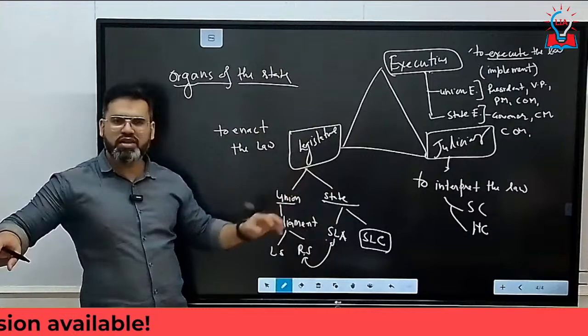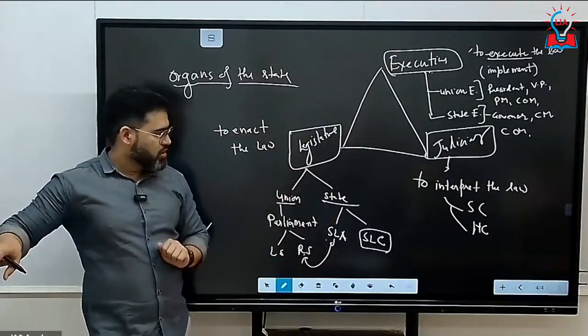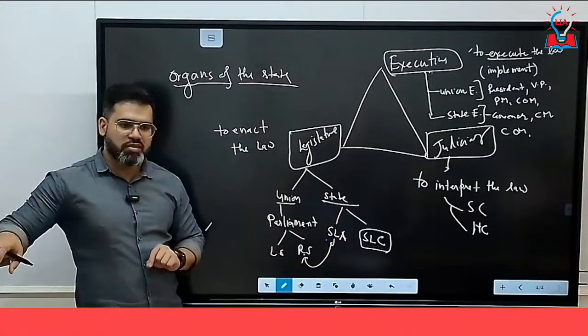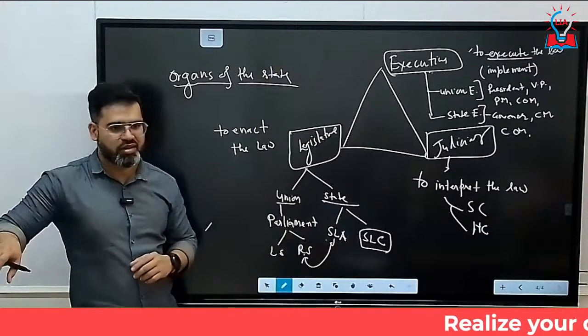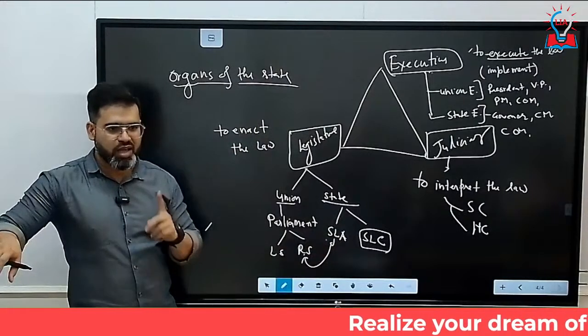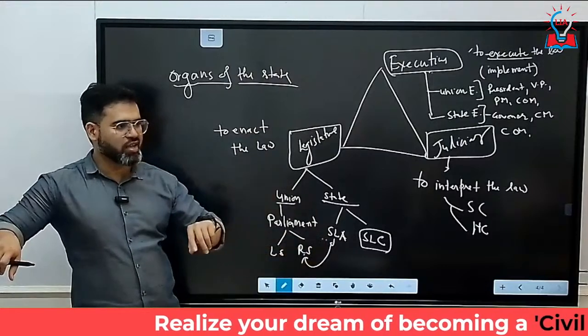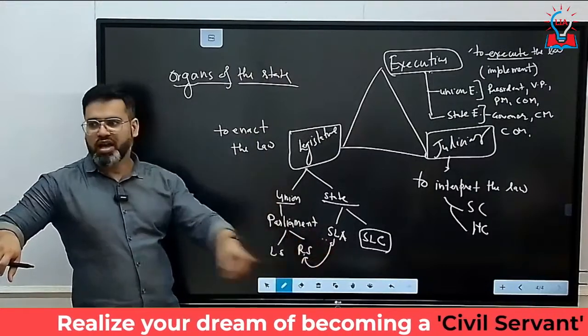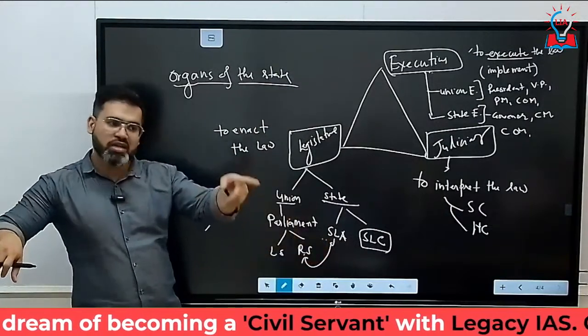Vidhan Parishad is different. Only a few states have Vidhan Parishad. 6 states are there. Which are those 6 states? Okay, yours is Maharashtra. So Maharashtra has Vidhan Parishad or not? Okay, Maharashtra has Vidhan Parishad, correct? Karnataka is another state. Andhra Pradesh and Telangana.